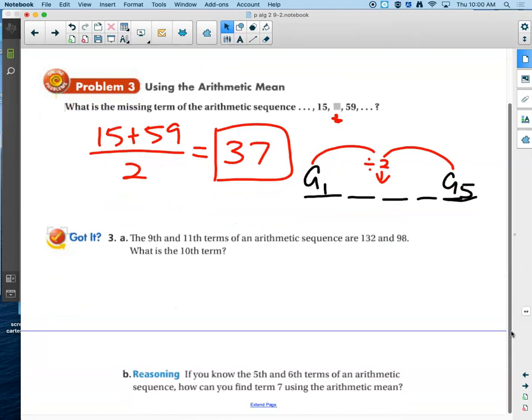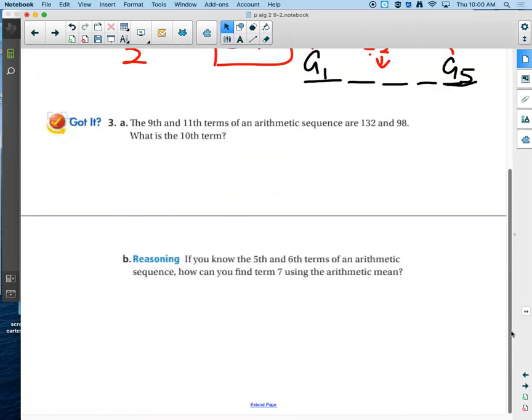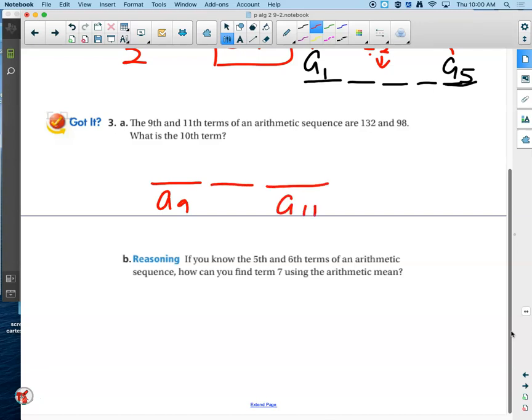Alrighty, so here's the got it. The 9th and 11th terms of an arithmetic sequence are 132 and 98. Okay? So I make a little visual, and then I can absolutely see, oh, well, I'm still just looking for the middle one. That's all I'm doing.